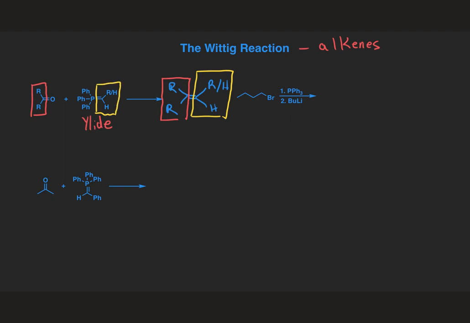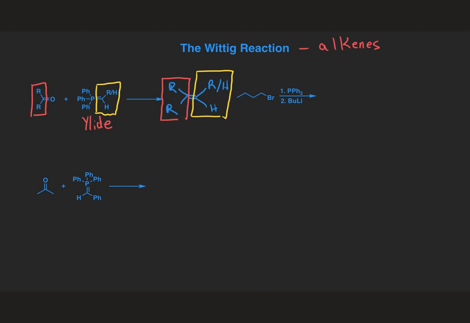This should look quite similar to a metathesis reaction in a change your partner kind of deal where this double R group's partner was an oxygen and it flipped and took the partner of the phosphorus ylide here. So this is very similar to a metathesis reaction to form an alkene.